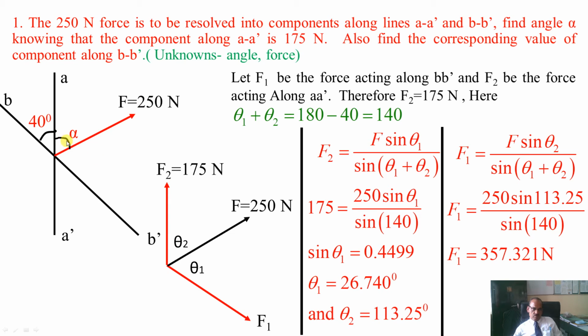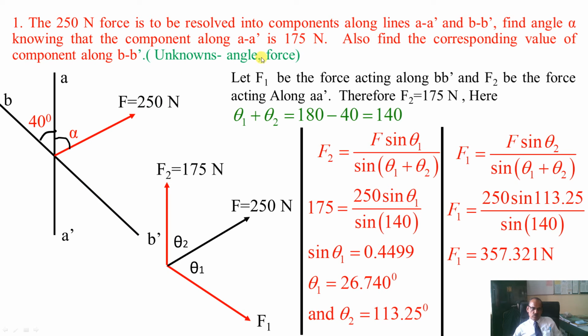We will have to calculate this angle alpha, knowing that the component along A, from origin to this, is given, is 175 Newton. Also find the corresponding value of component along BB.